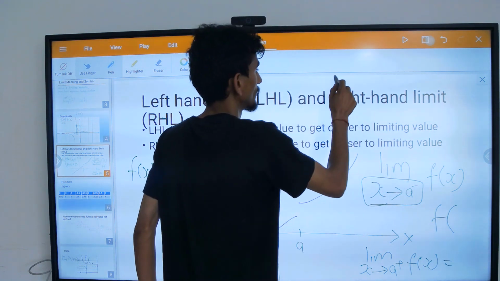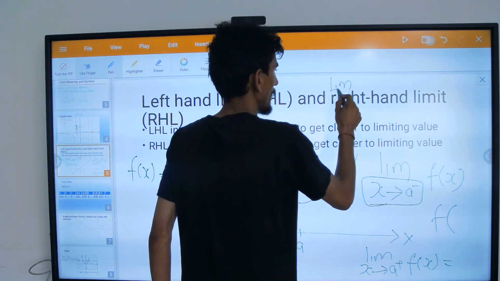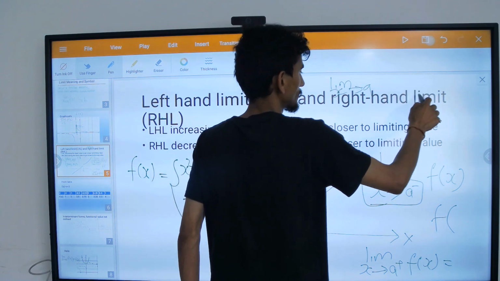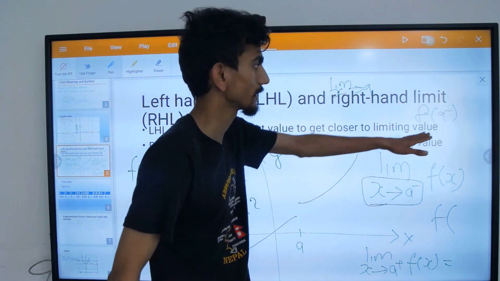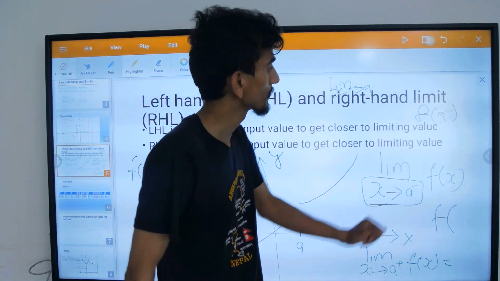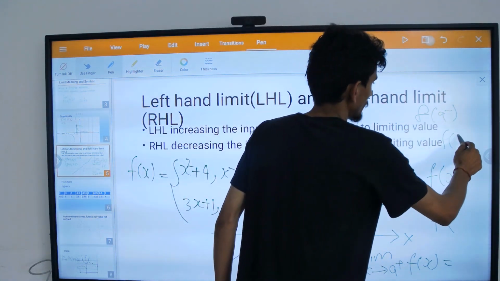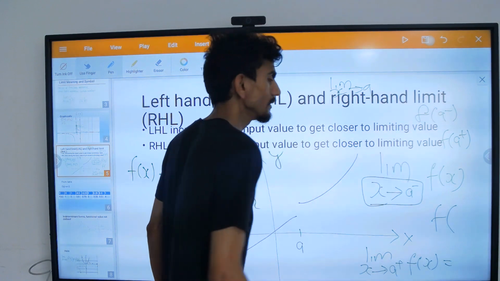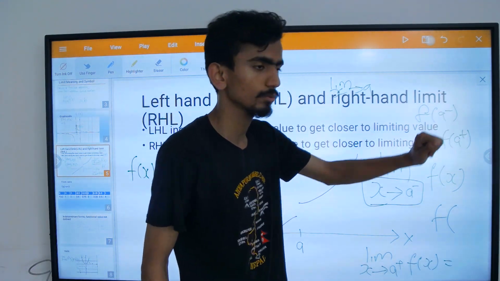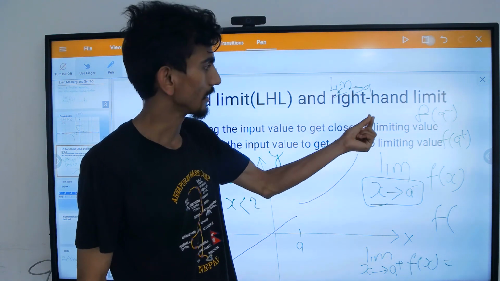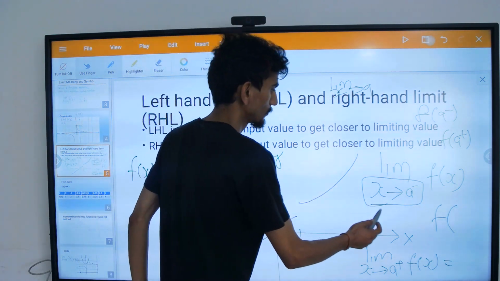We need to find limit x tends to a, and we find f(a minus), which is a little less than a, that is the input getting close to a, and we can also find f(a plus), that is a little more than a, which is also the input being close to a.